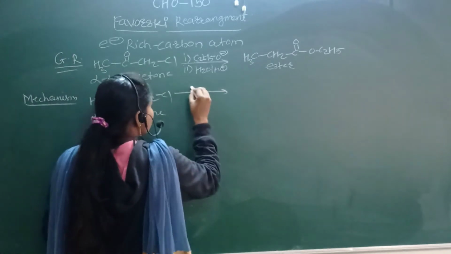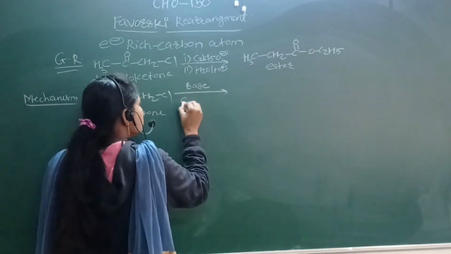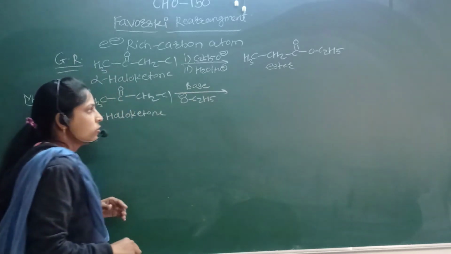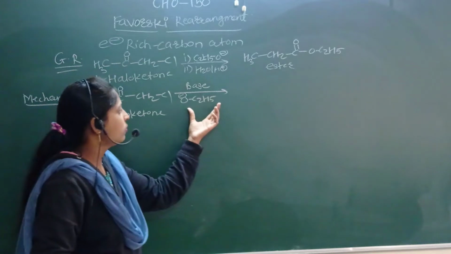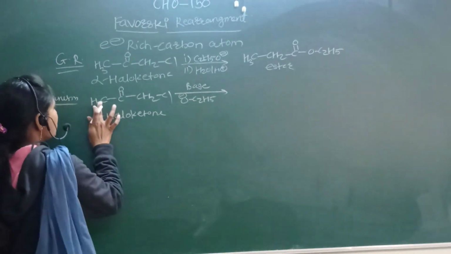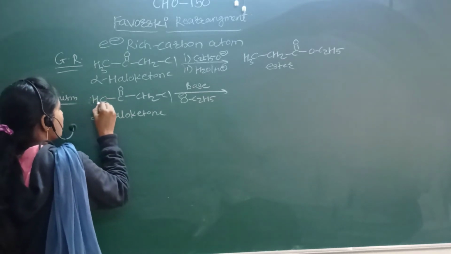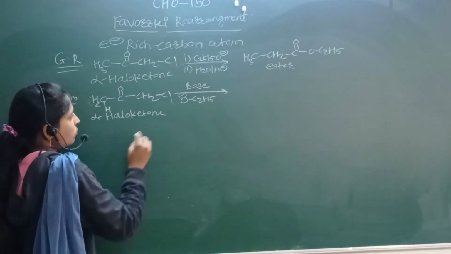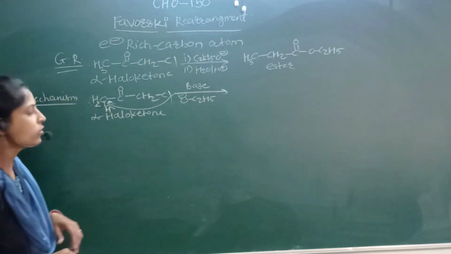First of all it reacts with base. We take here the base OC2H5, that is your alkoxide, OR minus. Here the function of the base is to abstract the proton. So in the presence of the CH3, we write it in the form of CH2 and H. This base can abstract this proton, and this bond shifts onto this carbon.